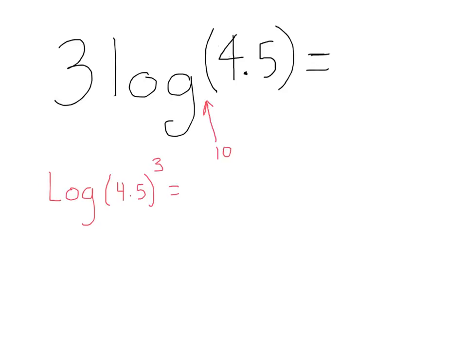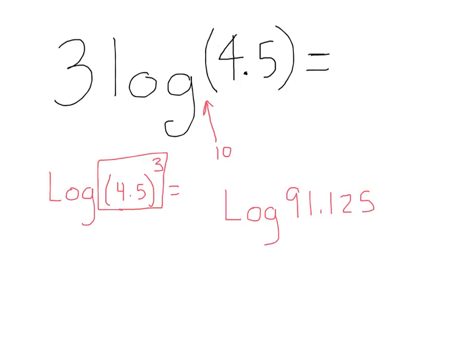Okay, so now what I need to do is I need to go type in my calculator 4.5 and raise it to the 3rd. Remember, anytime you raise something to an exponent, you need to put it in parentheses. And so that's what I got for 4.5 to the 3rd was 91.125. And so this is the same as log base 10 of 91.125.